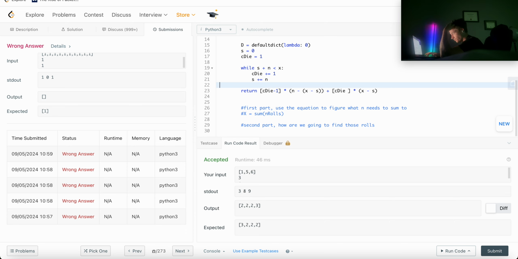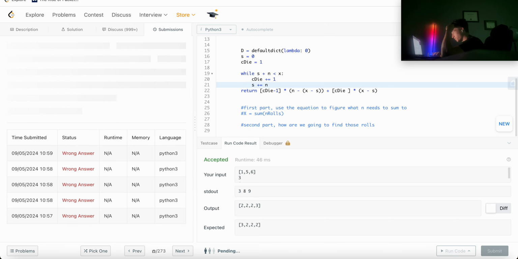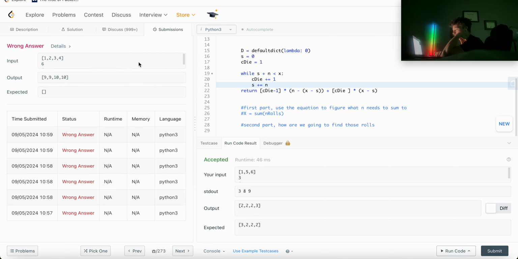So let's go with the first one where it doesn't work, because I'm trying to brute force the basic idea here. But okay, 9, 9, 9, 10. Why doesn't this work?